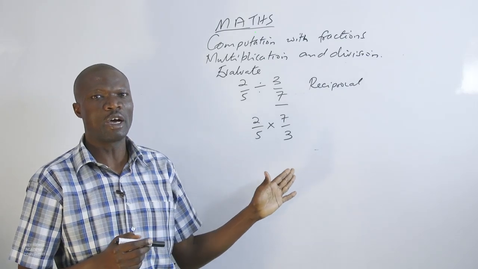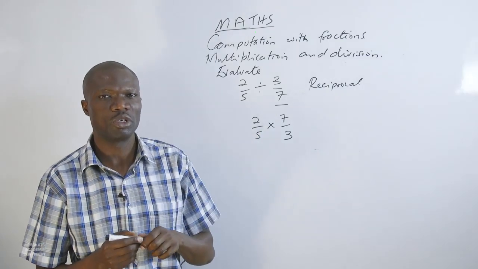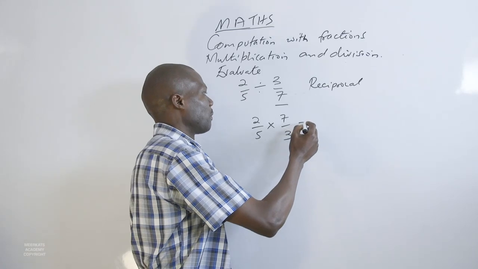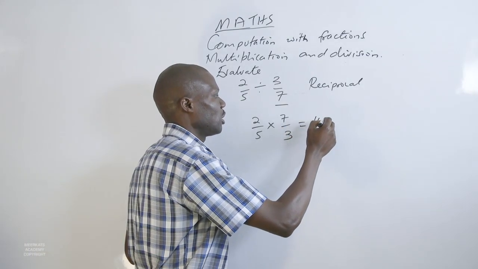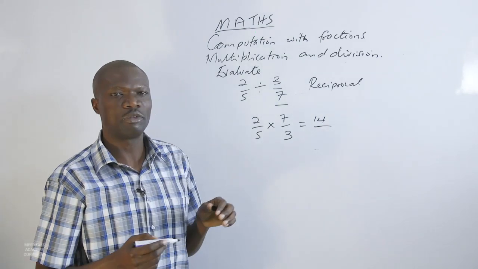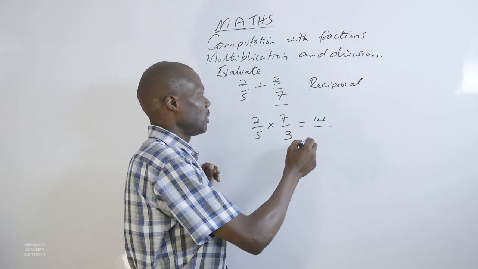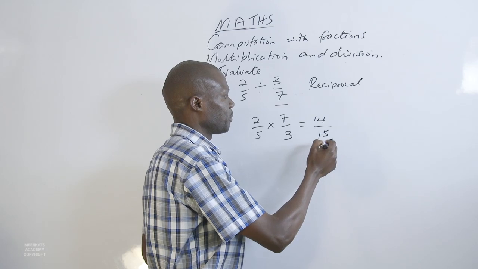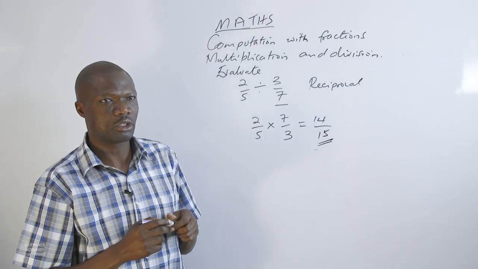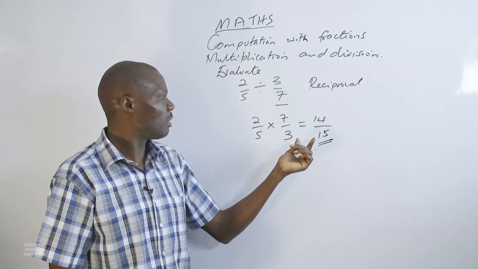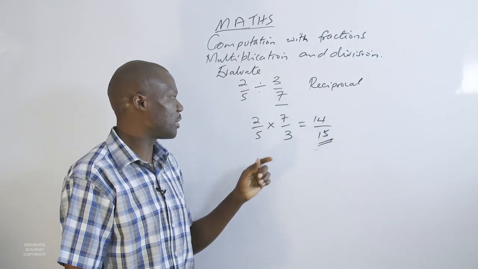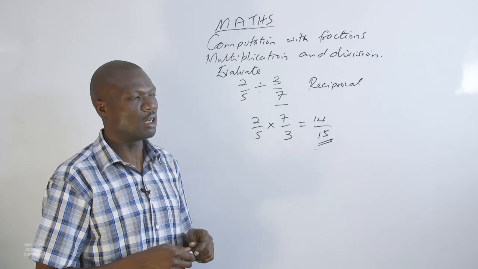It is now ready for us to do our multiplication. So 2 times 7 is 14, and 5 times 3 is 15. So we end up at 14 over 15 as our final fraction.